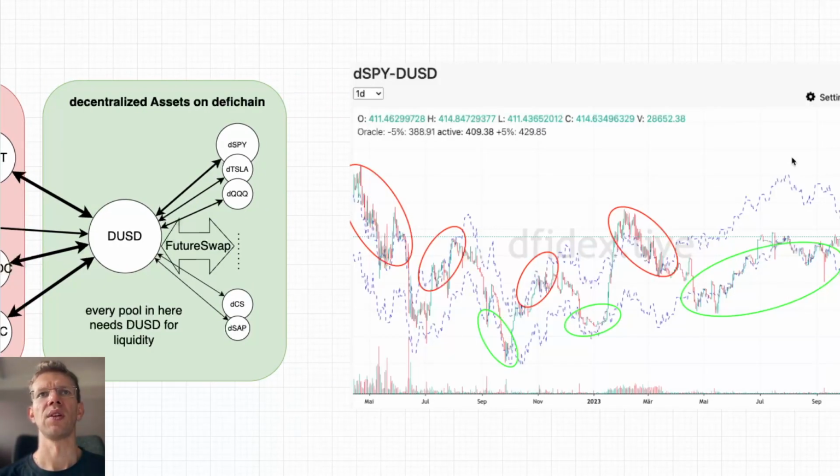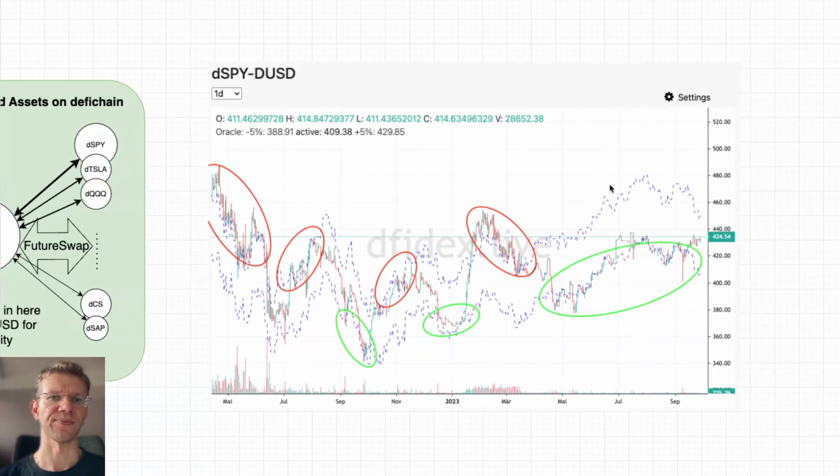So we have, for example, the SPY chart. This is the chart of the SPY DUSD pair on the DEX, with the price in the red green bars, and the dotted lines are the oracle plus 5% and minus 5%. So that's the range that we want to be in.